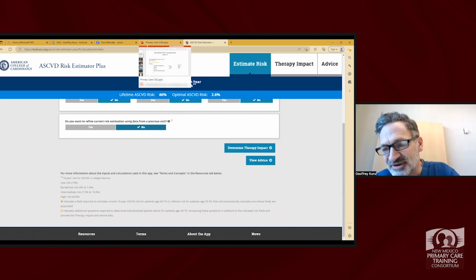Family history is tough because it's a very heterogeneous factor. So there are some people that have a bad family history, and it's due to some identifiable factor. They're all smokers, or they have either familial hyperlipidemia or just a familial tendency towards high cholesterol, or a strong predisposition to diabetes.